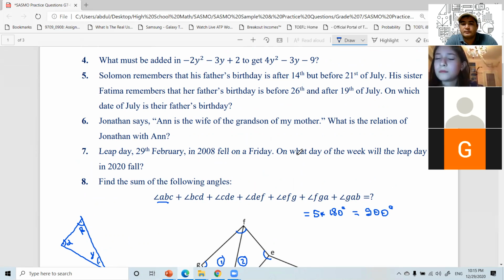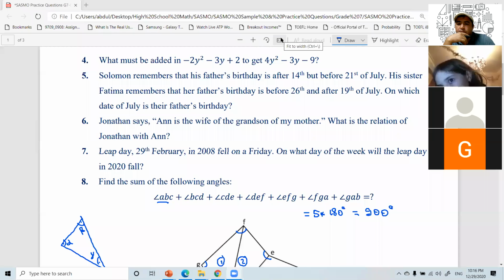His sister Fatima remembers that her father's birthday is before 26th and after 19th of July. On which date of July is their father's birthday?